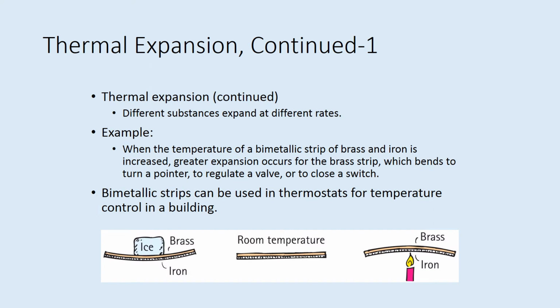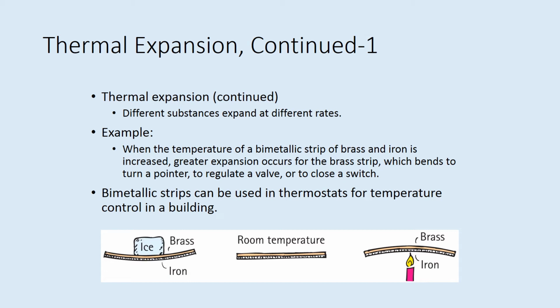In this slide, we examine the consequences of what happens when we have two materials that have different thermal expansion for the same temperature change. Sometimes we call that different rate of expansion.